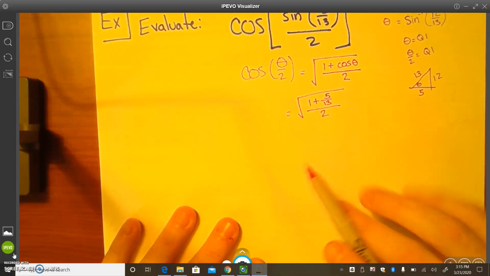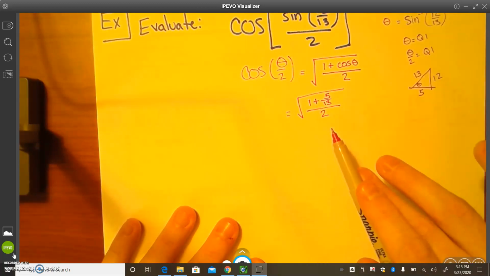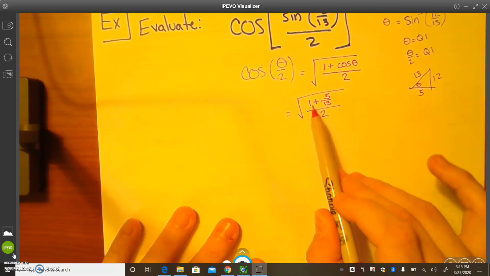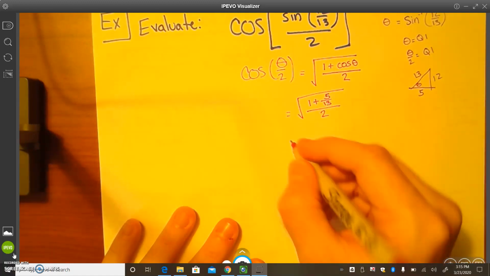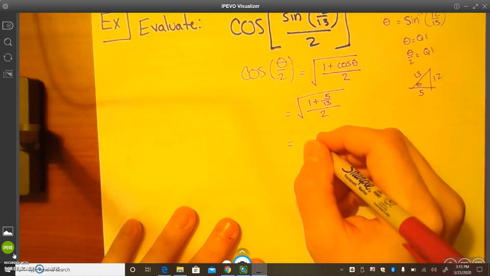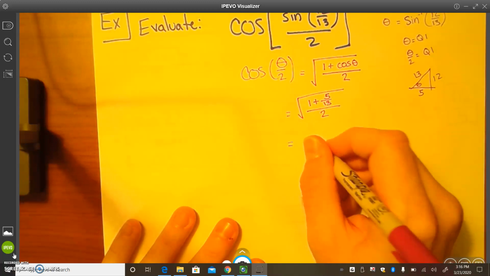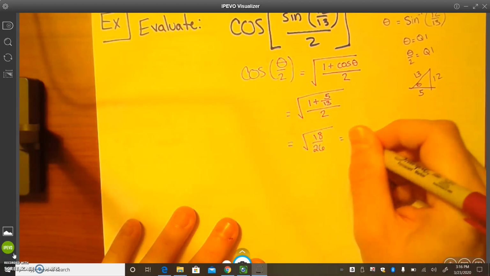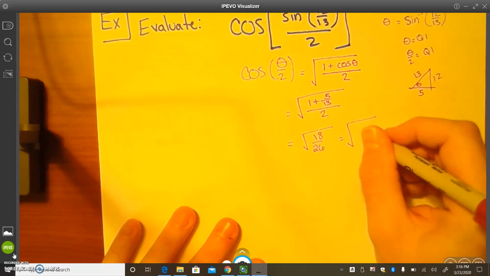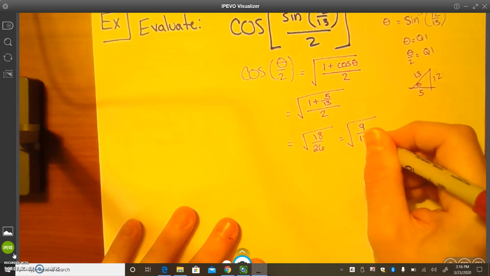So at this point, the trig is done, and it's just a matter of simplifying this. So 1 plus 5 over 13 is 18 over 13. All over 2 gives me 18 over 26, which of course reduces to 9 over 13.